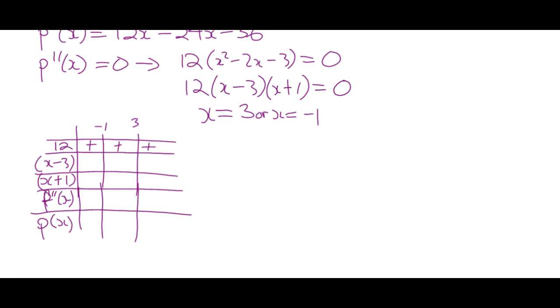Okay, so we just got to fill this in. For x minus 3, I'm going to subtract 3, and then add 1, and that might do it. So in this interval, below -1, what can we say about p of x?